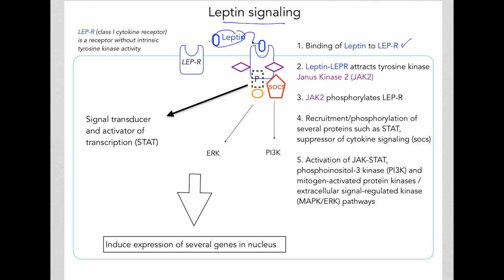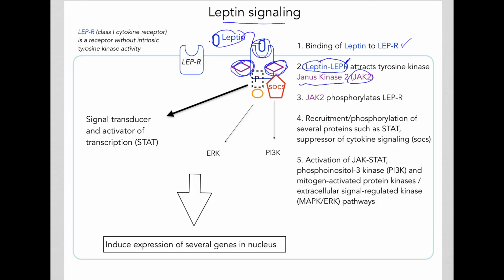Remember, here the receptor only has a binding site for the signal, but it doesn't have a kinase activity. So once leptin binds its receptor, that will attract a cytoplasmic kinase called Janus kinase 2 or JAK2.